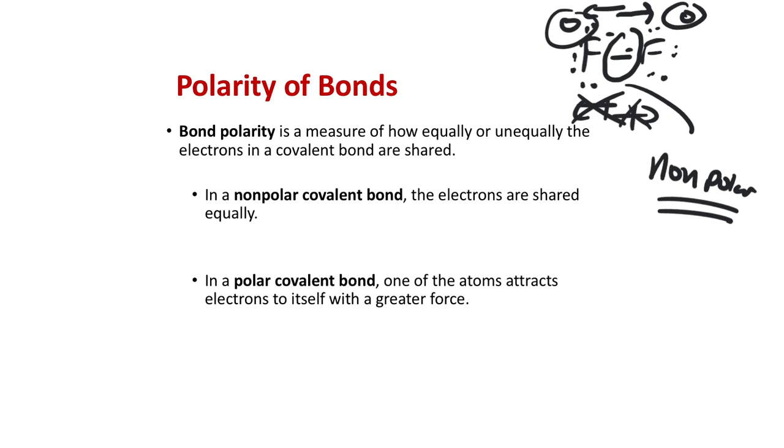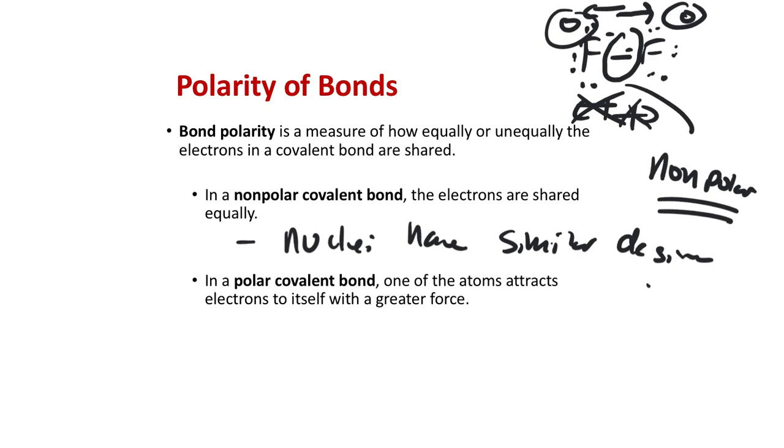So in a nonpolar covalent bond, the electrons are equally shared. We're not developing a charge separation. The atoms don't get, one of them a plus and the other a minus, or some sort of charges associated with them in a nonpolar covalent bond. This happens when the nuclei have a similar desire for electrons.